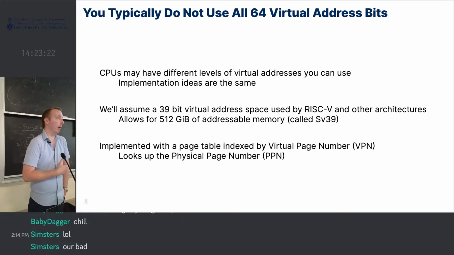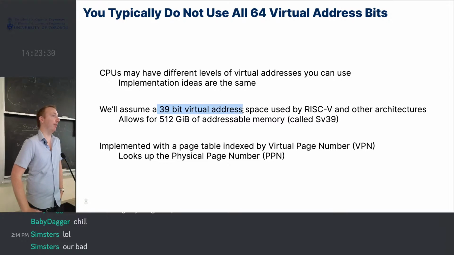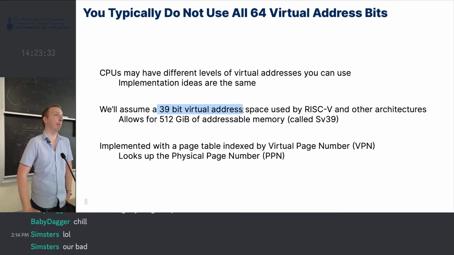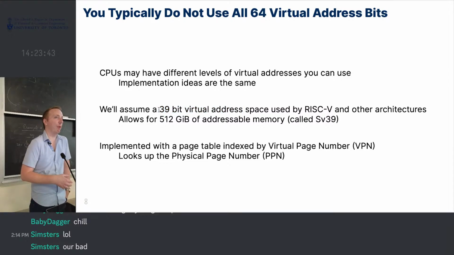So on your x86, on any modern 64-bit system, your virtual address space for a process is actually restricted to 39 bits. We'll just take this number as a fact for now, and we'll see why it is this number. Typically, you just want it big enough that any program will work just fine.